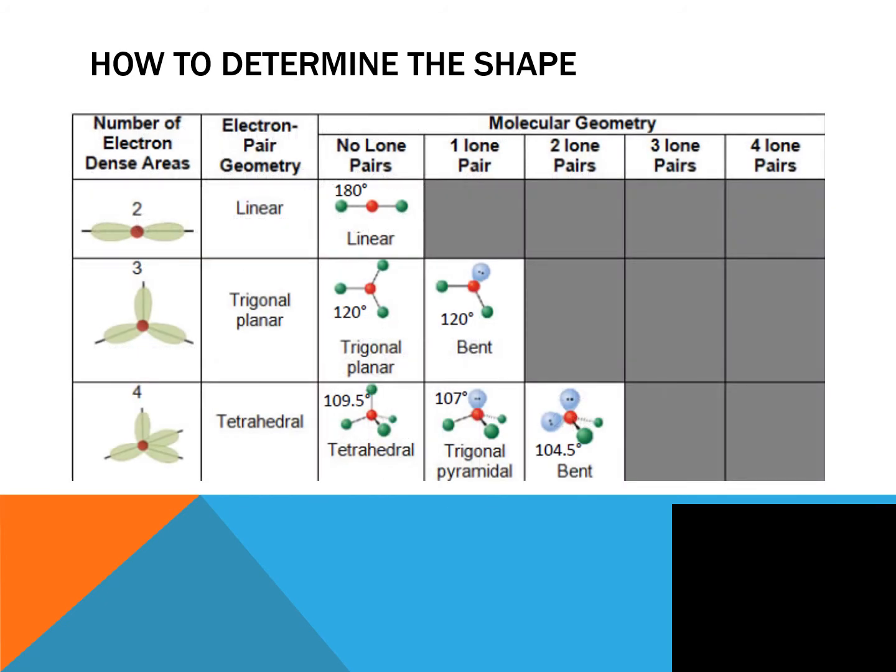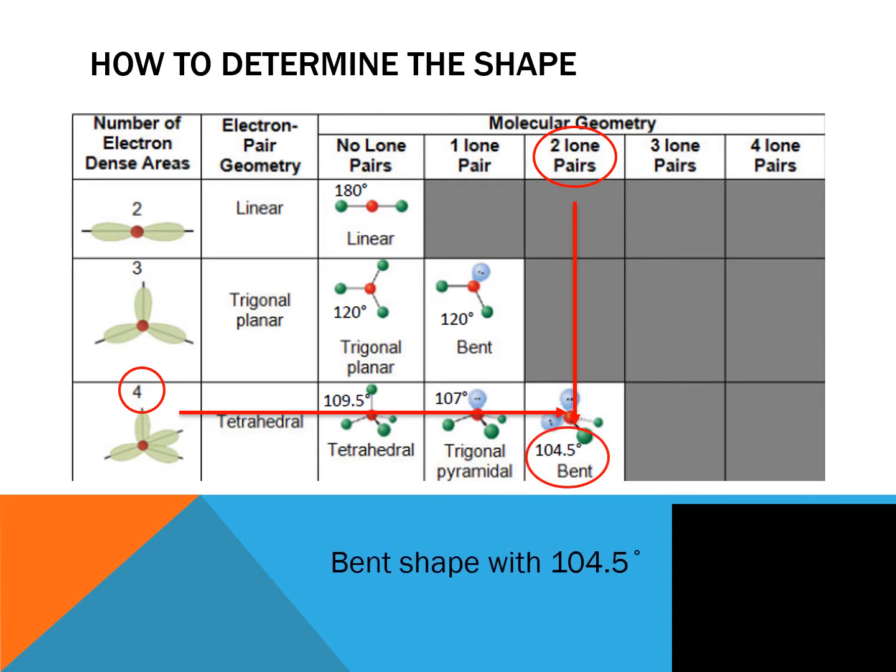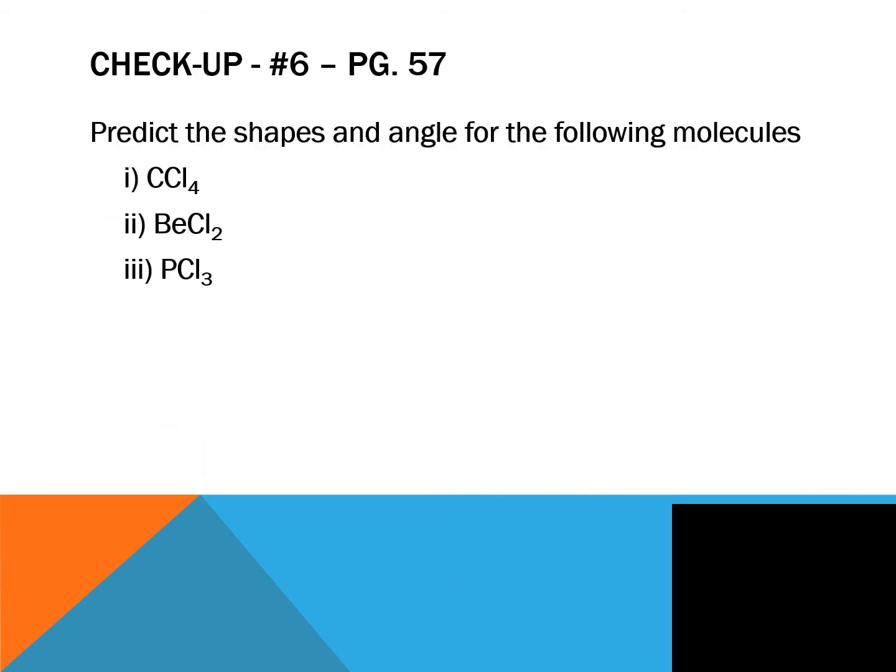So you go to your chart, you look for a total of 4 pairs, 2 lone pairs, and you connect the lines so you know that it is bent at 104.5 degrees. So you have to know the total pairs and the total lone pairs, and that will tell you your shape using the chart. Bent shape with 104.5.